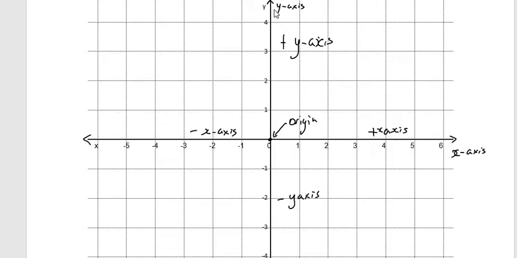As mentioned, both axes divide the coordinate plane or Cartesian plane into four quadrants. These quadrants start from the positive x-axis and positive y-axis.